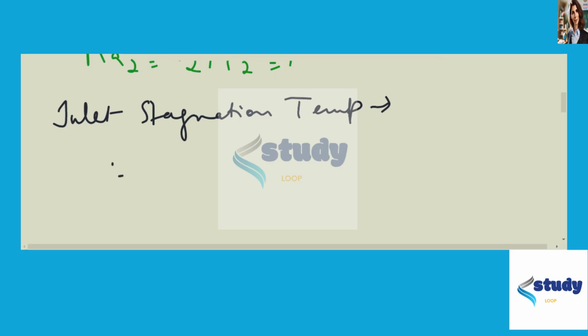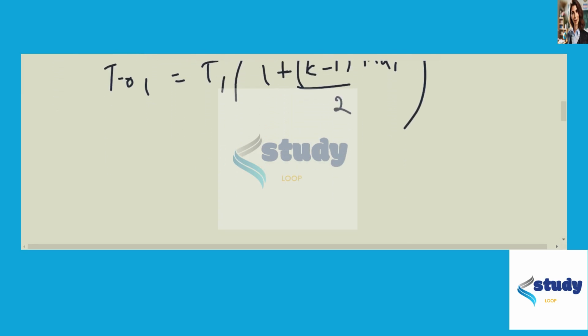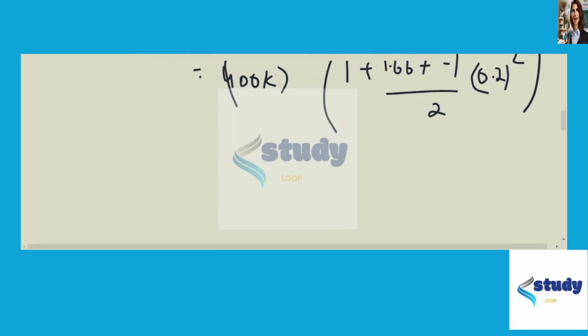So that will be T01 equals T1 upon 1 plus (k minus 1) upon 2 Ma1 squared, that is equal to 400 K times 1 plus (1.667 minus 1) upon 2 times 0.2 the whole squared, which is 405.3 Kelvin.